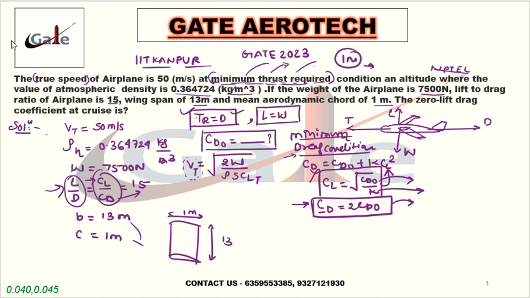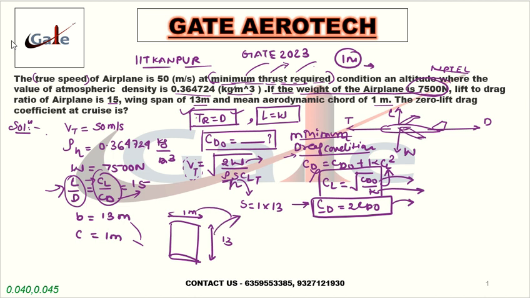Substitute in that. Weight you don't know, but you know lift, right? So they have given directly the weight of the airplane, 7,500. So directly substitute weight as 7,500. Density you know, again this is the density at altitude, so it becomes true density, which is 0.364 and so on. As you don't know, S is nothing but 1 into 13.